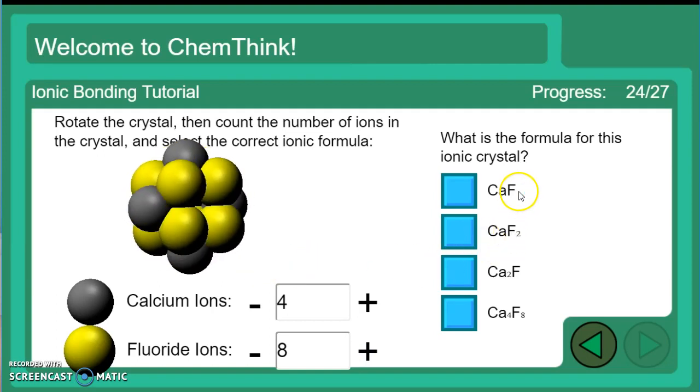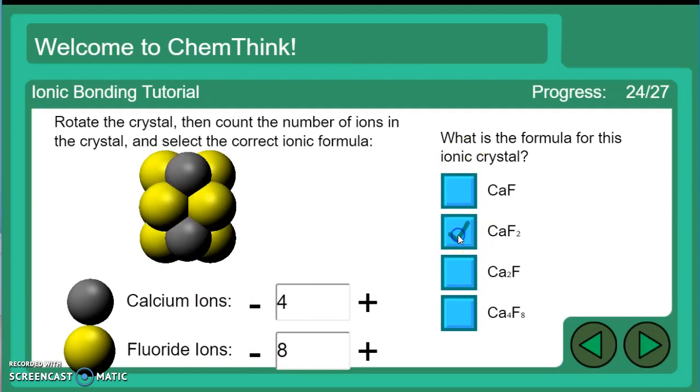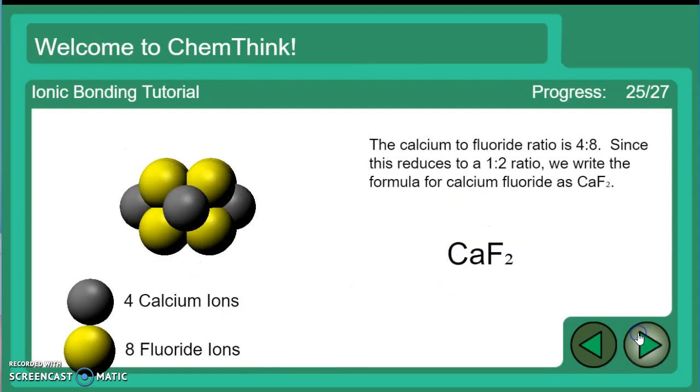So our ratio there would be, for every 1 calcium, there are 2 fluorine atoms.